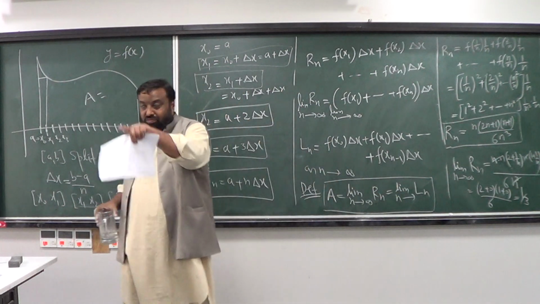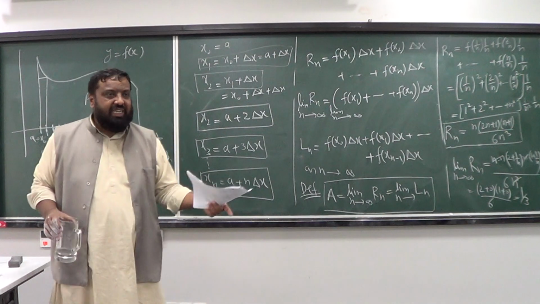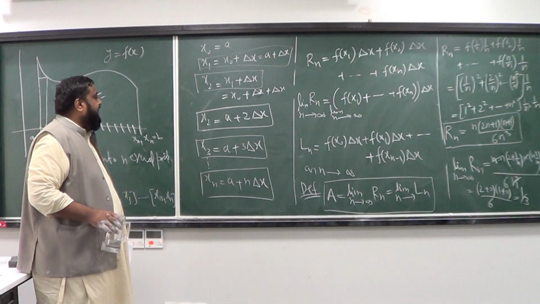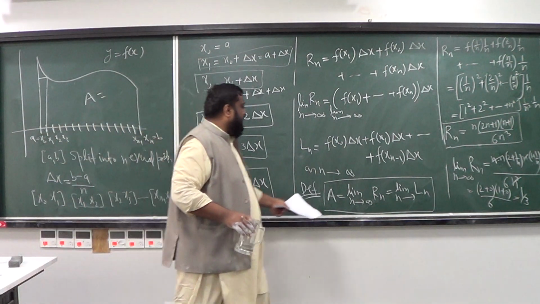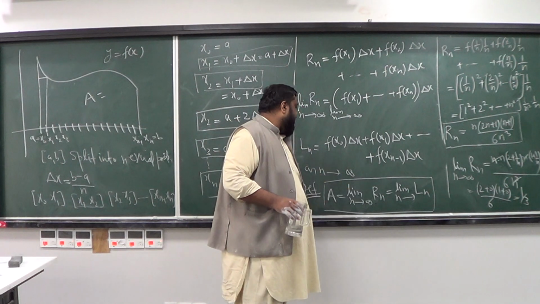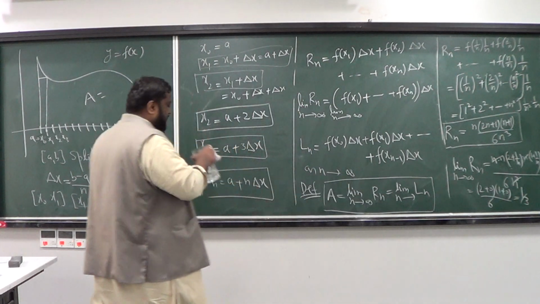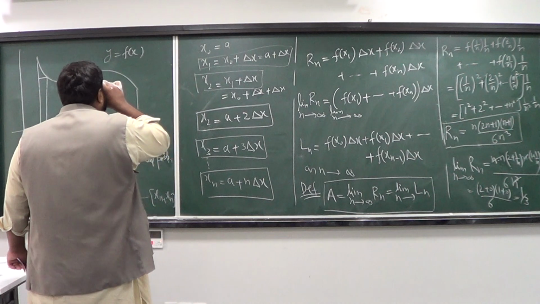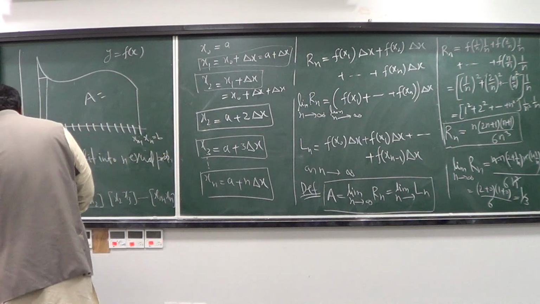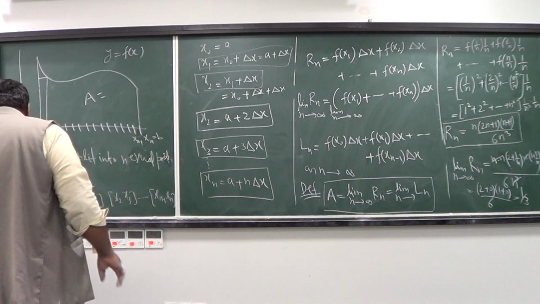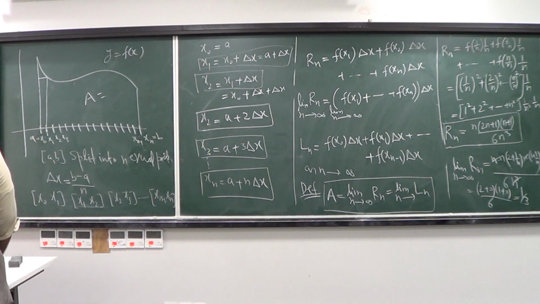Or you can take the middle, it doesn't matter. Calculate the limit of Rn and Ln, and that would be the area. We're going to do some more examples.